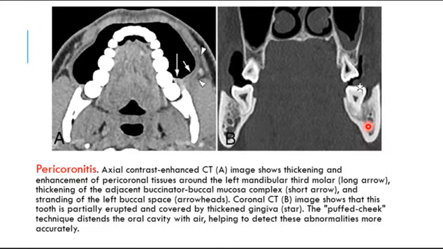Usually another condition is seen. We have pericoronitis. This is an important condition. This is again a periodontal region involvement in the third molar tooth.